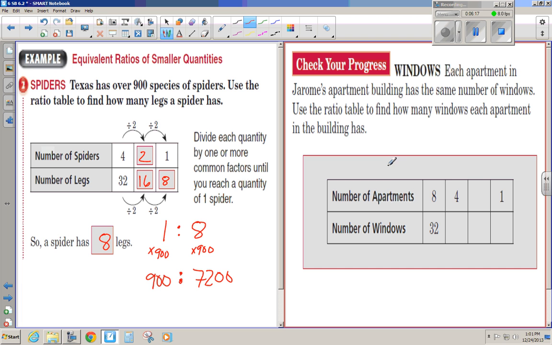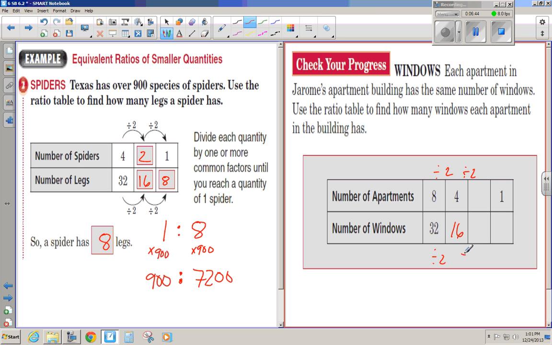All right, let's check this out on our own. We're now working backwards. An apartment building has the same number of windows in each apartment. Use the ratio to find how many windows each apartment in the building has. So if there are 8 apartments, there are 32. So then we go ahead and divide by 2 and get 16.